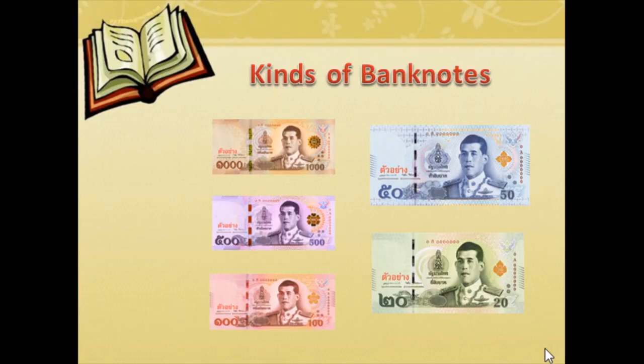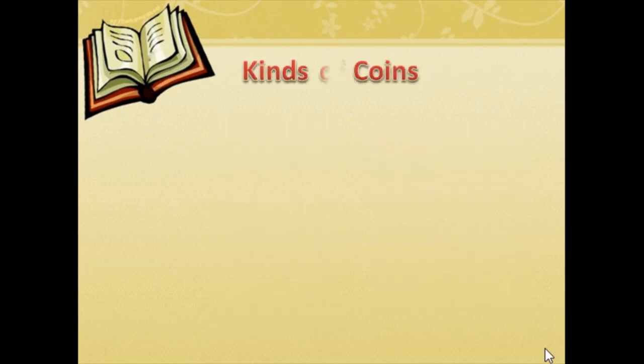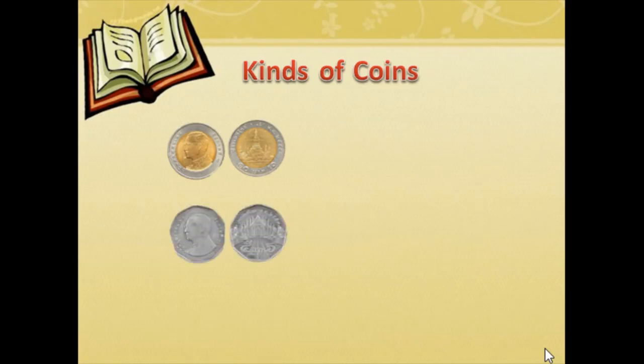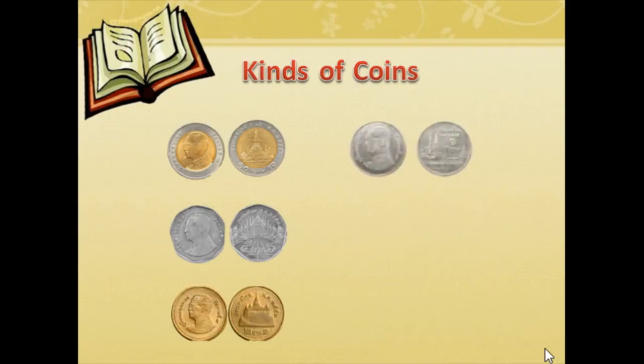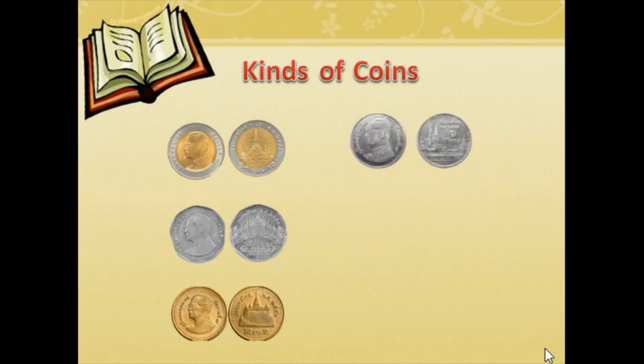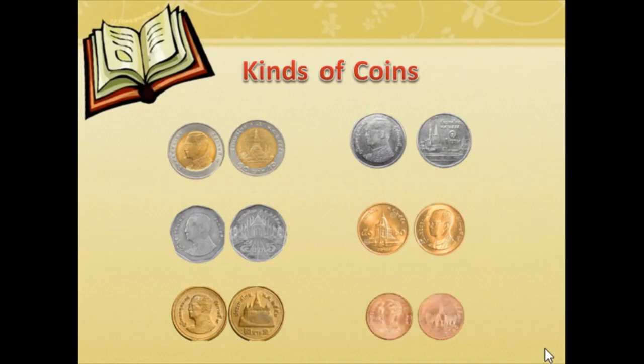How about the coins? We have a 10 baht coin, a 5 baht coin, a 2 baht coin, a 1 baht coin, a 50 satang coin, and a 25 satang coin.